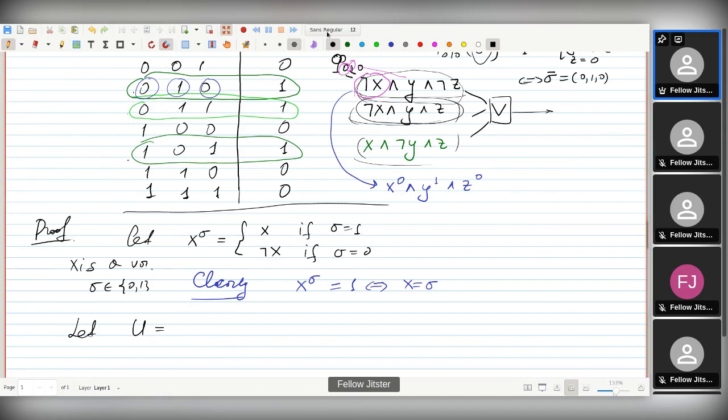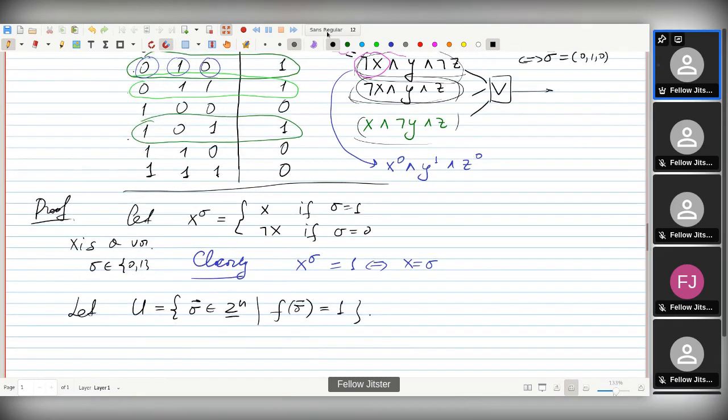let U be the set of all such tuples where our function takes 1. It is either empty or not. So the first case is when U is empty.